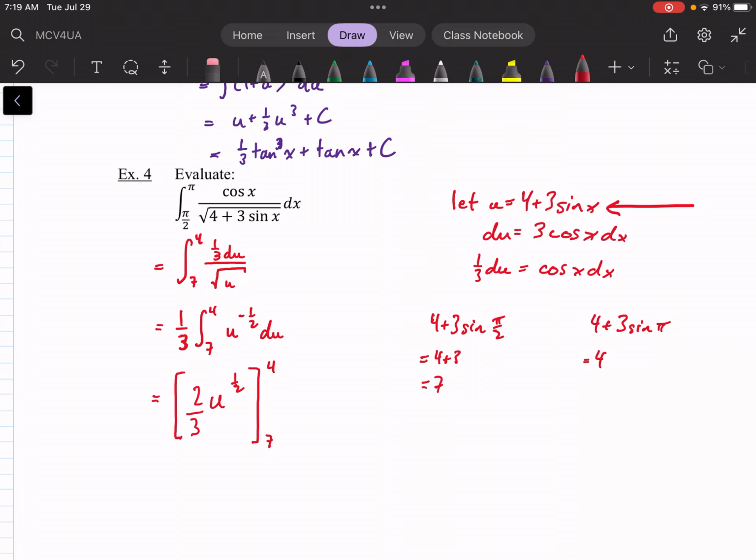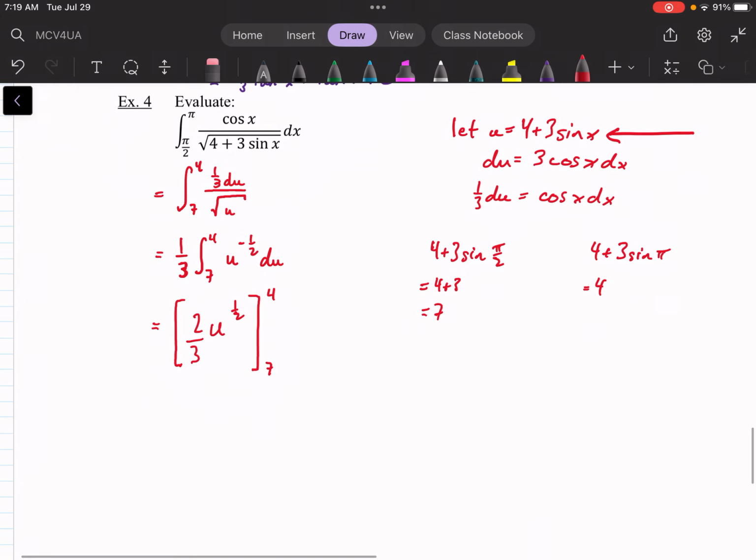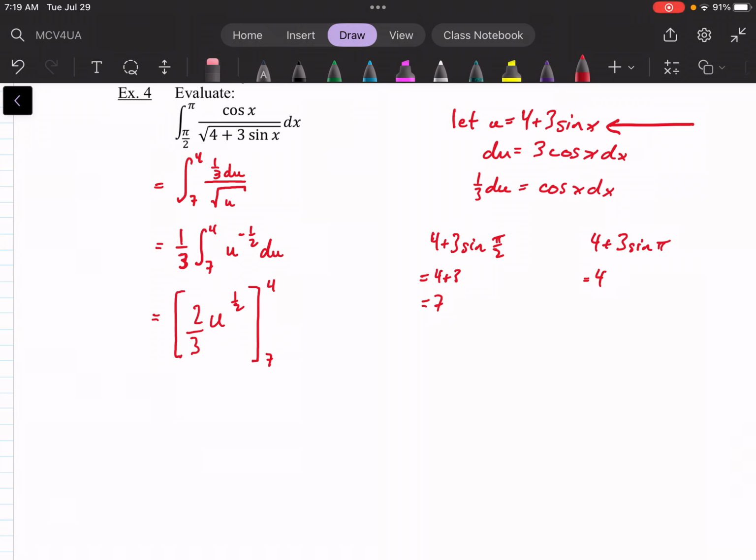Now, here is the fun part. You do not need to change this back into terms of x. If you do change it back into terms of x, you're just going to have to change the bounds again. So, what you could do from this point is just substitute the values 4 and 7 in.